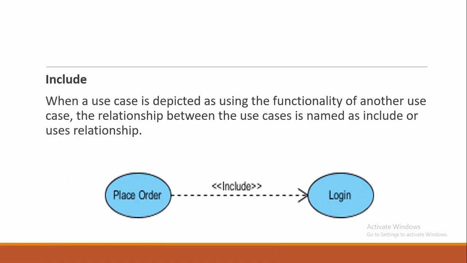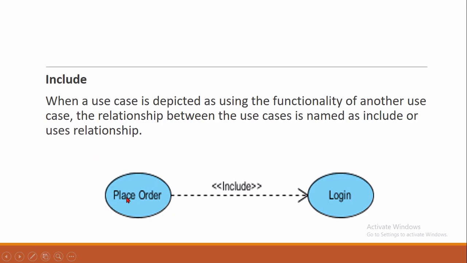Next we have include. When a use case shows using the functionality of another use case, the relationship between the use cases is named include or use relationship.